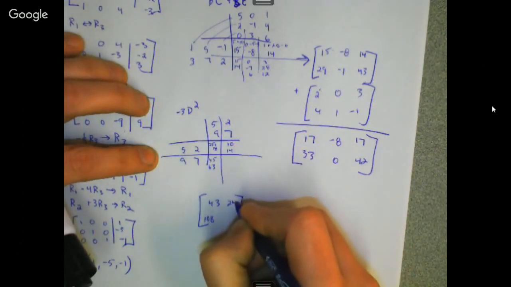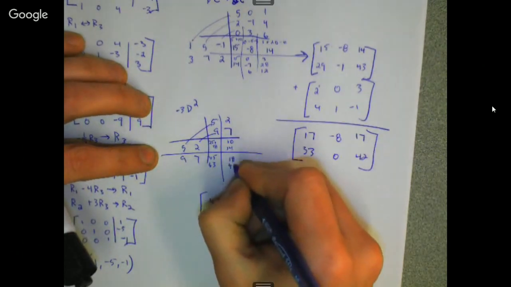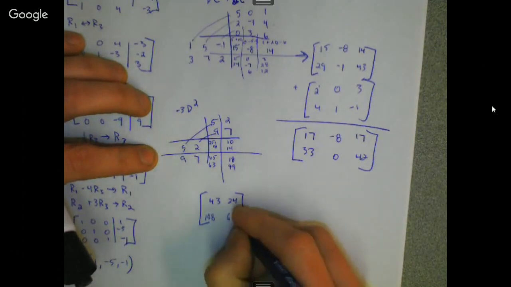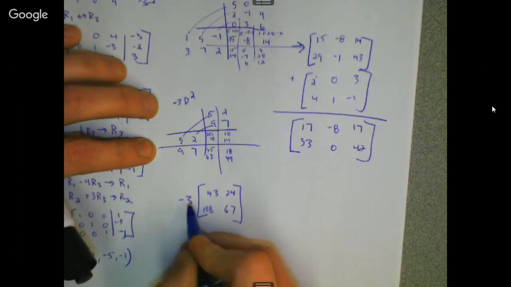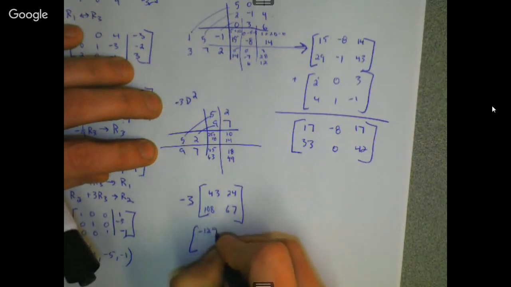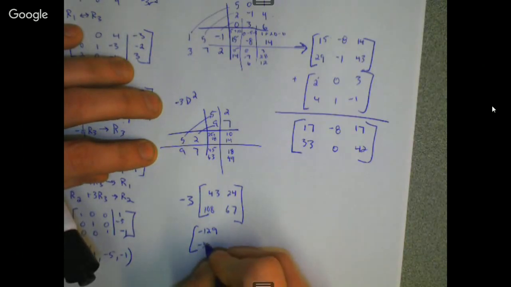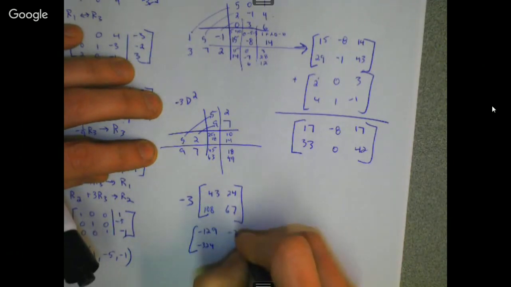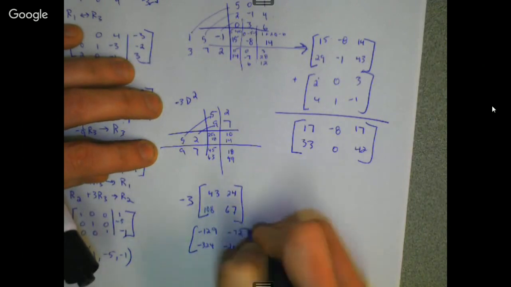That's 24. Again, we're just going here. 18 and 49. 67. And then we still have the minus 3. So minus 3 gets multiplied by everything. So negative 129. Negative 324. Negative 72. And there we are.